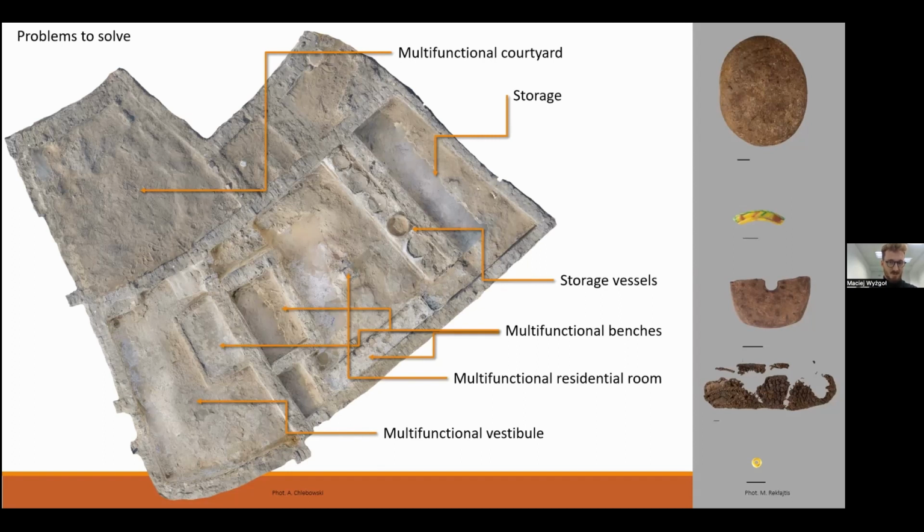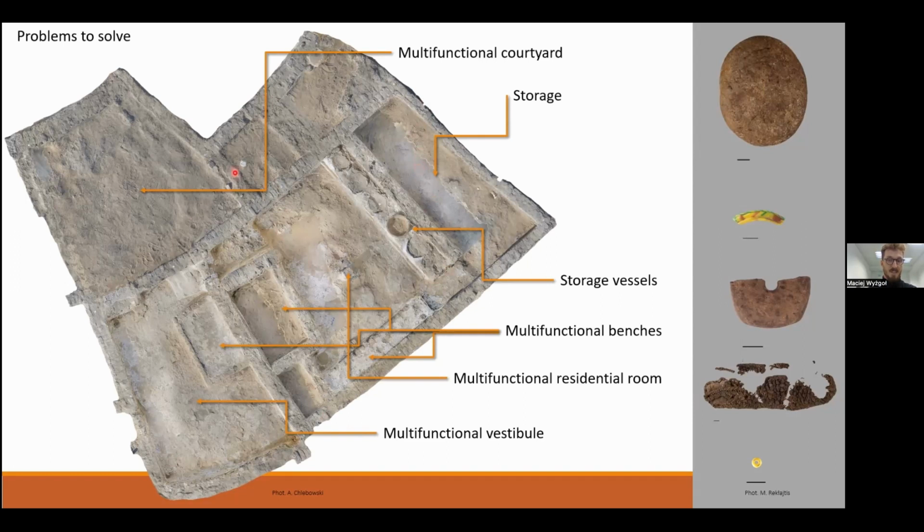Even the botanical remains were exceptionally preserved. So we really know a lot about what the houses look like and what the households do, but not necessarily where. The interiors of the houses were swept, so no occupational layers accumulated inside.